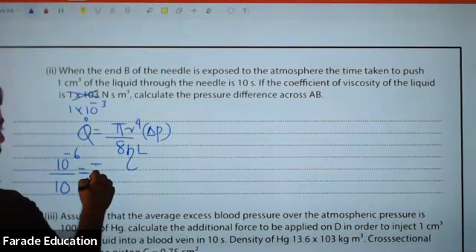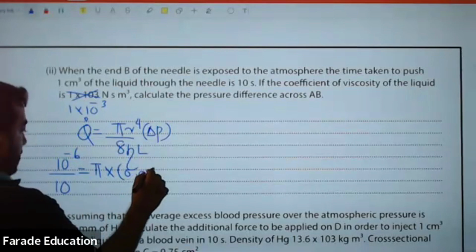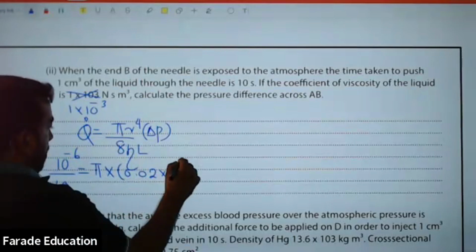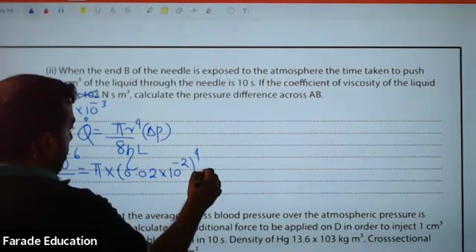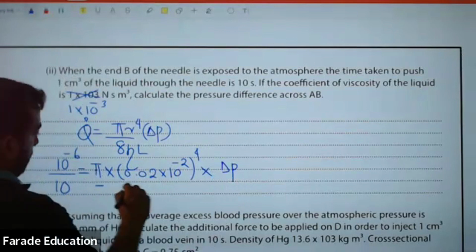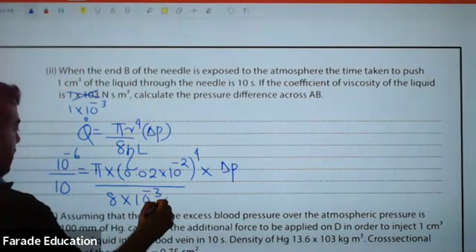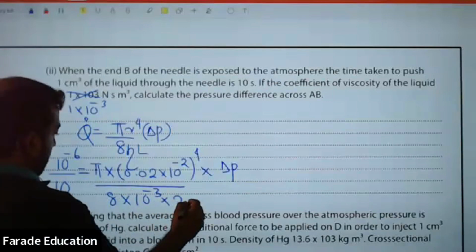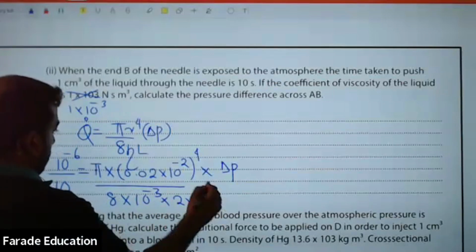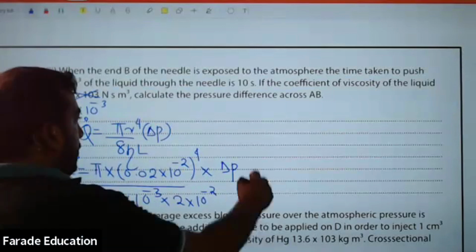Pi here. Radius is given as 0.02 centimeters, convert to meters, to the power 4. Delta P is your pressure difference. 8 eta is 10 to the power minus 3. Length is 2 centimeters, convert to meters. There you go. From this, we can find the pressure difference delta P by cross multiplying.